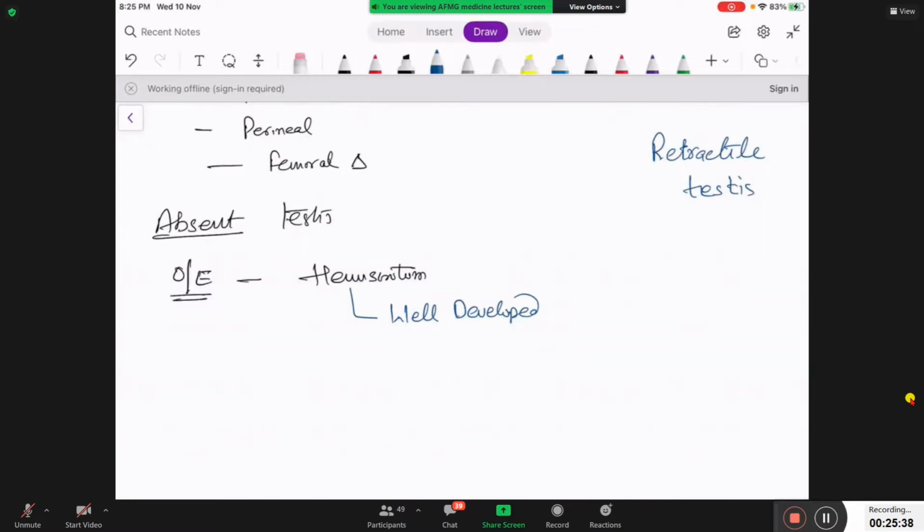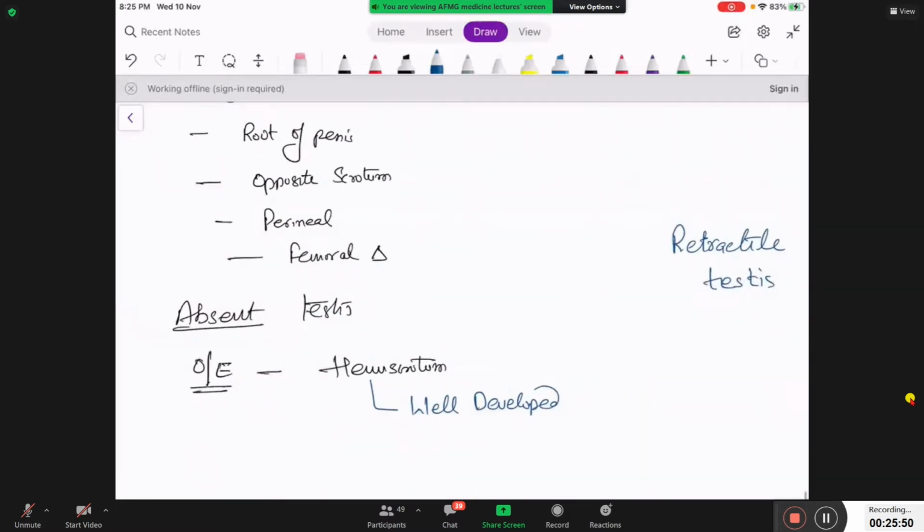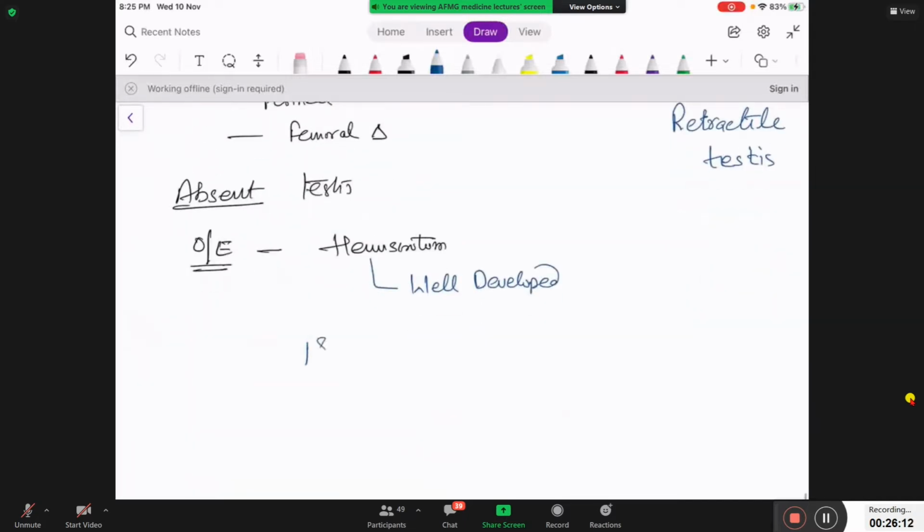If the hemiscrotum is well developed and the testis is not found in the scrotum, but it is found in any of these locations, meaning instead of being in the inguinal canal the testis is superficial to the inguinal canal, in the pouch, it is an ectopic testis. If it is in the inguinal canal, but yet the scrotum is well developed, it's a retractile testis. Have you understood?